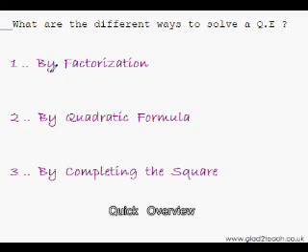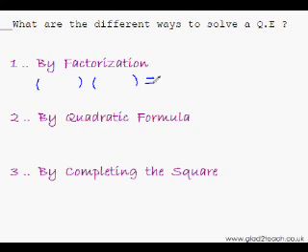First way is by factorization. That is, we try to break the quadratic equation as the product of its two factors. See, these are the two factors of a quadratic equation.